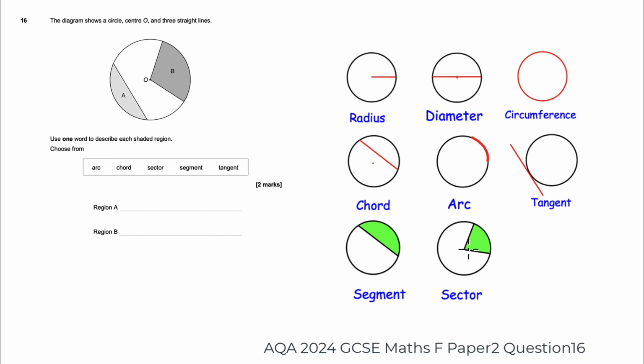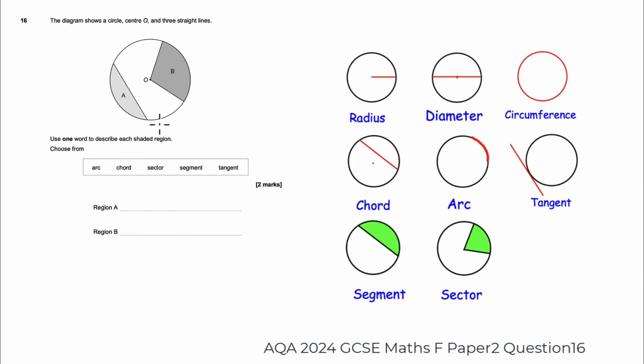There's 2 radii and an arc. The area in between that is called a sector. Now these two are easily confused, a segment and a sector. Segment, chord and arc. Sector, 2 radii and an arc.